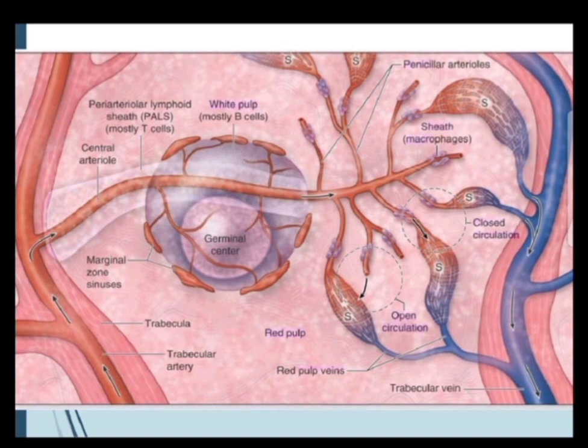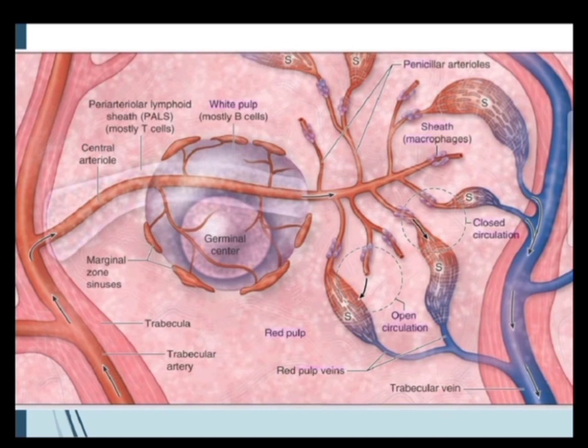Here there is a controversy: scientists believe that there is an open circulation theory and a closed circulation theory. The supporters of the open circulation theory believe that the terminal arterial capillaries just pour their blood into the pulp, and from there the sinusoids collect the blood.